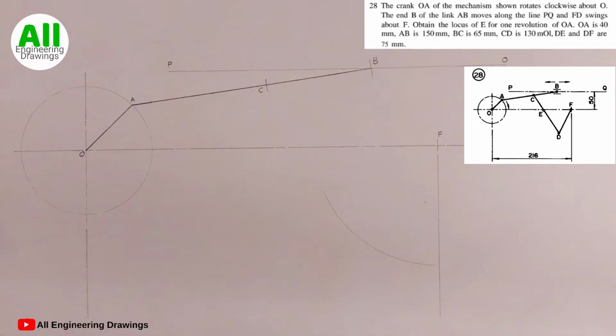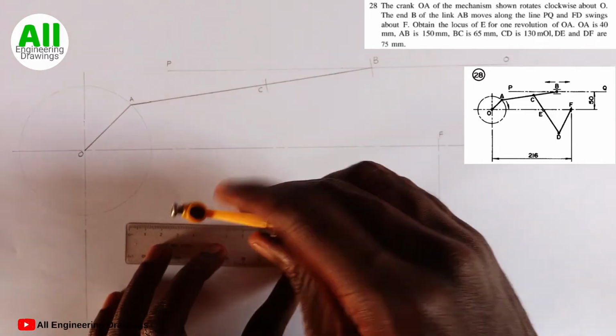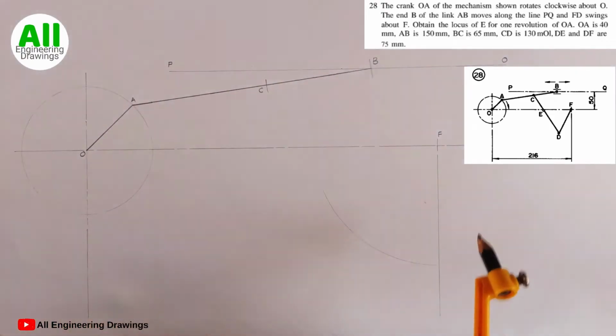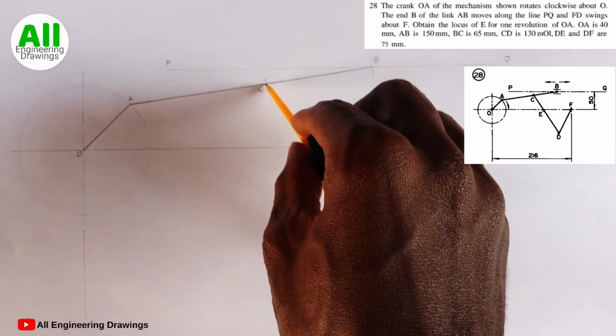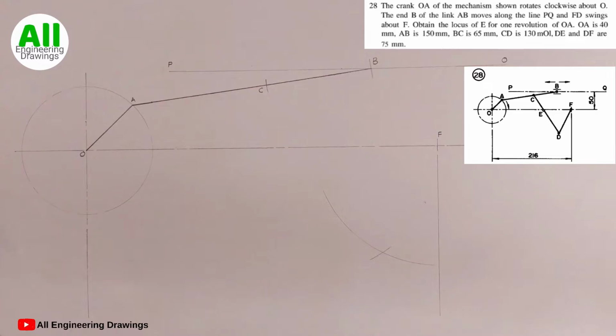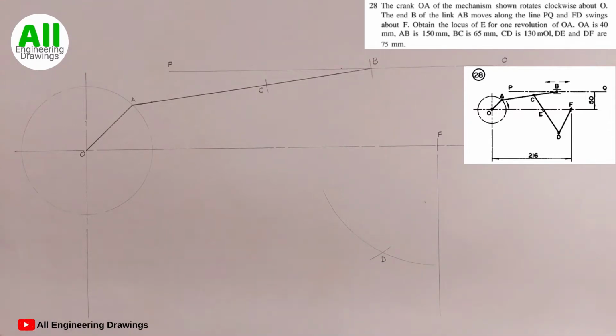So I will place the compass on point C, then cut an arc. The point where the arc intersects this arc here, I will label point D. So I will draw a line joining point C and point D, and also another line joining point D and point F.